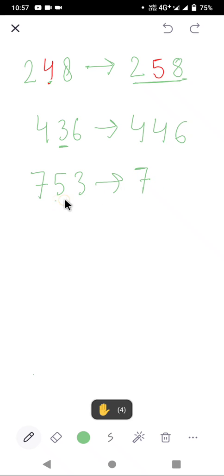We just change this. It is 5, then we'll add 1 in this. 5 plus 1 is 6. Okay, and then 3 remains the same. Only the tens place digit will change.